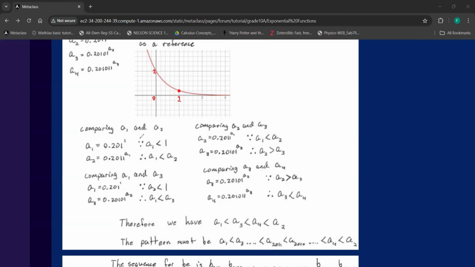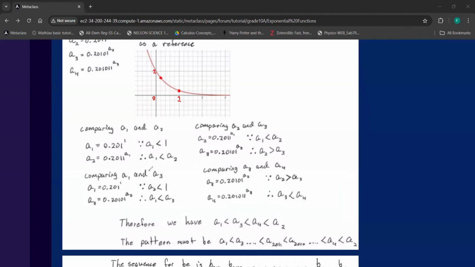And so A of 1 is here. That's its point on the graph. And A of 2 is 0.2 to the power of 0.2. And where is that? That's going to be approximately somewhere over here. And as you can see, this is obviously much greater than A1. And so therefore A1 is greater than A2.